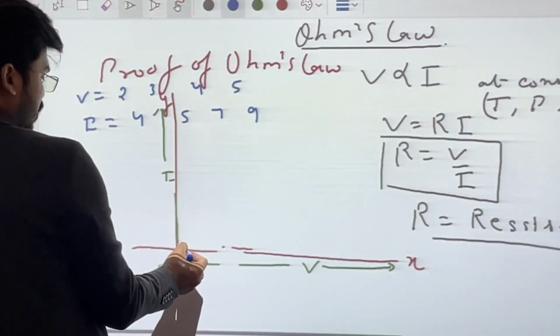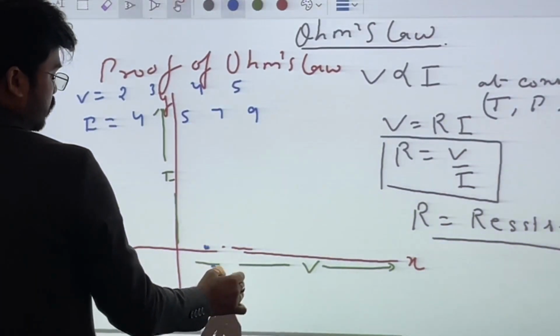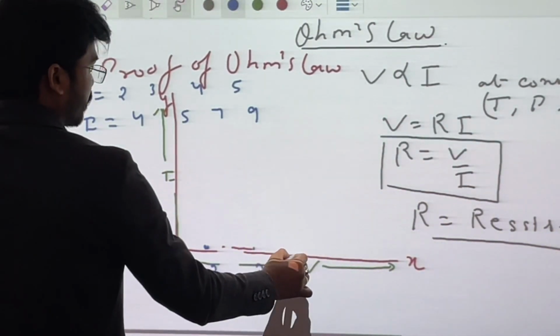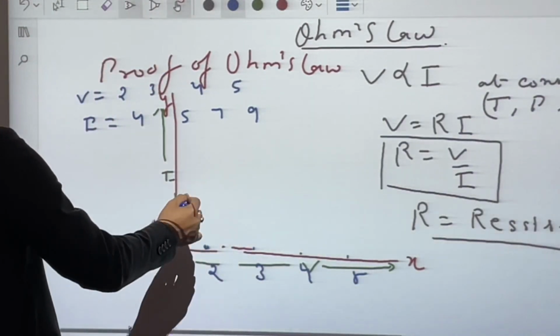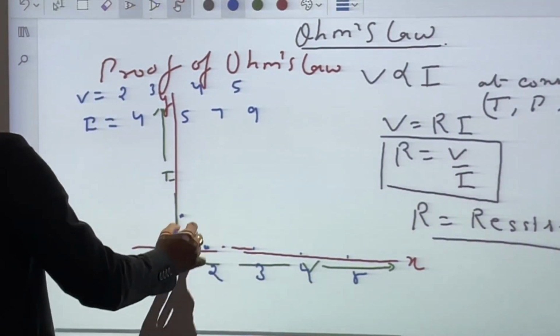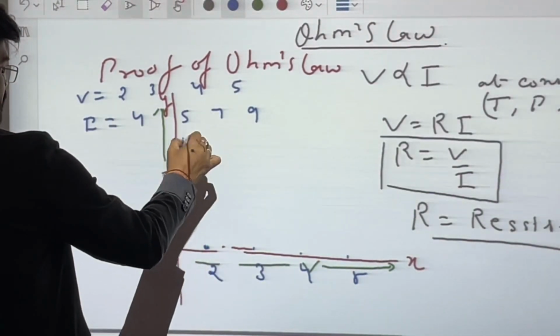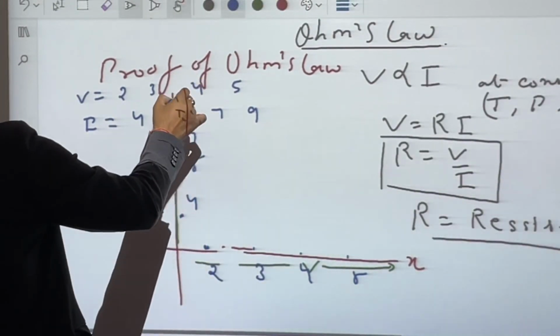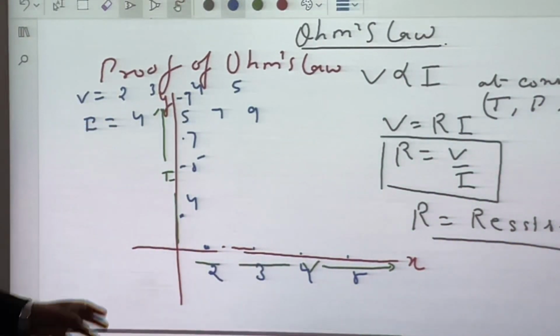So if we draw V on the x-axis 2, 3, 4, 5, and on the y-axis 4, 5, 7 and similarly 9.